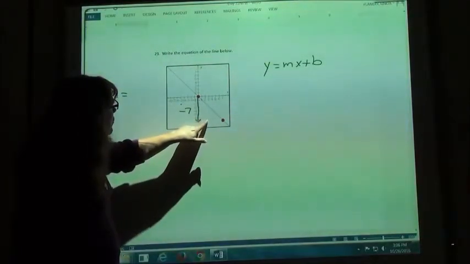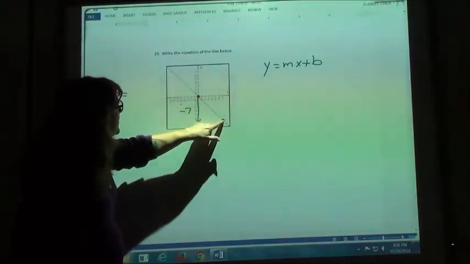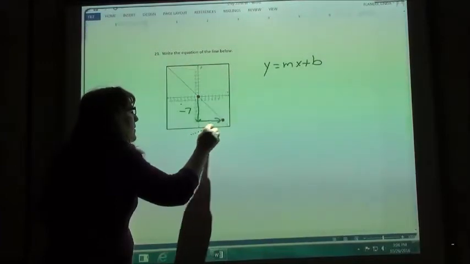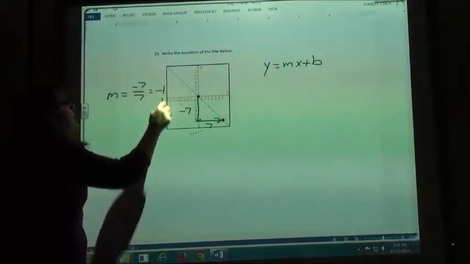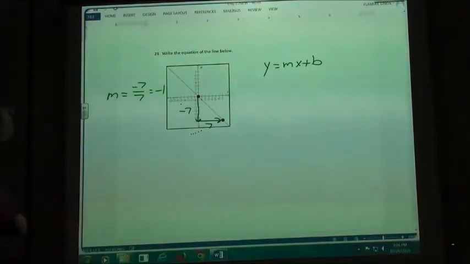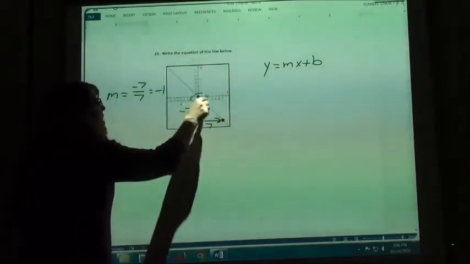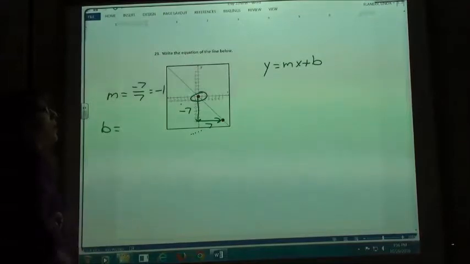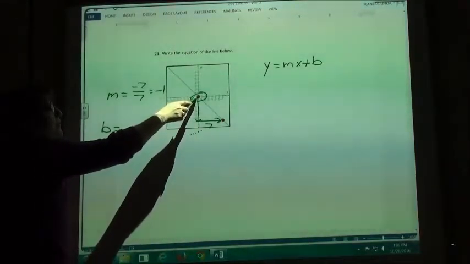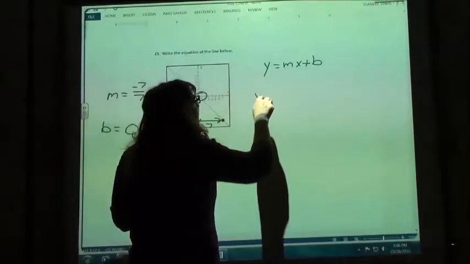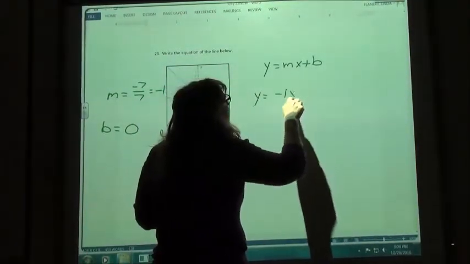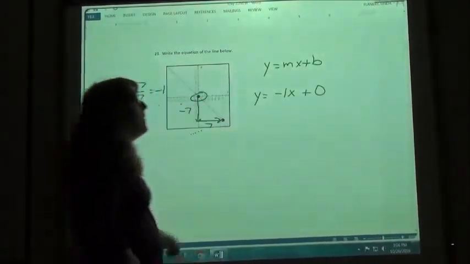And 1, 2, 3, 4, 5, 6, 7 to the right. So -7 over 7 gives me a slope of -1. My y-intercept, notice that touches right in the middle at 0. So y would equal -1x plus 0.